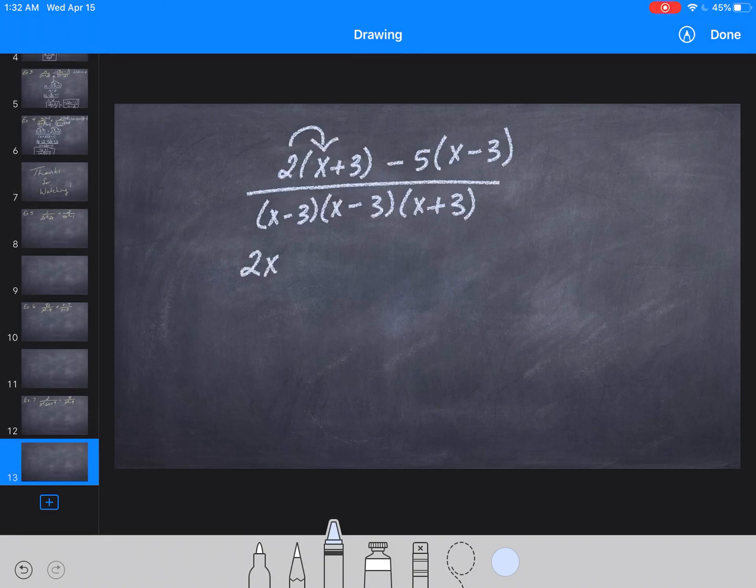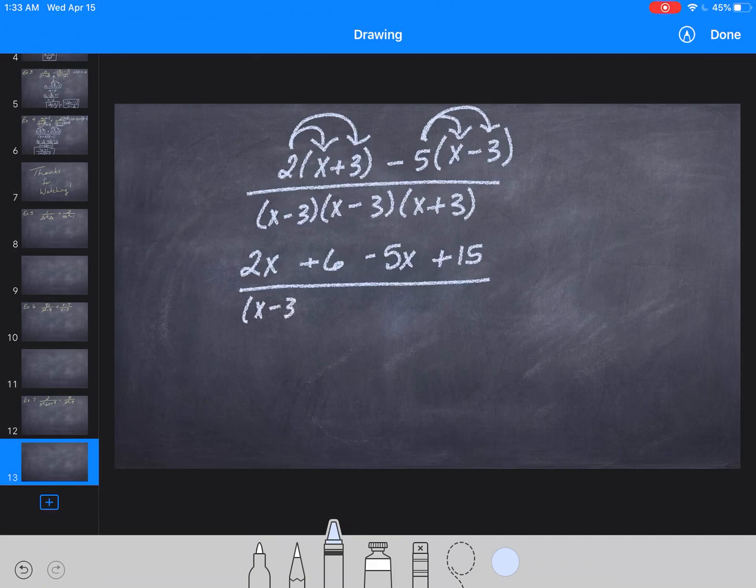I'm going to distribute my 2. 2 times x, I get 2x. 2 times 3 gives me a positive 6. Negative 5 times x gives me a negative 5x. Negative 5 times negative 3 gives me a positive 15. All over my factored denominator, which remains x minus 3, x minus 3, x plus 3.